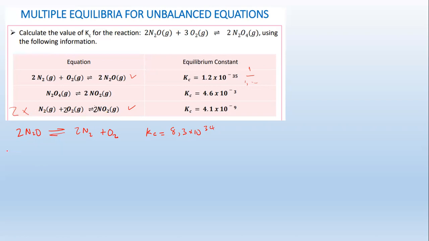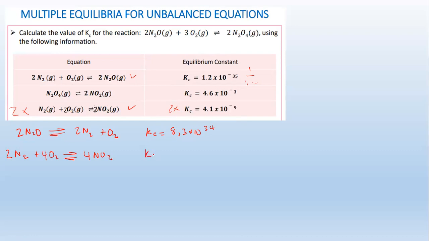So this multiplied by 2 is going to be 2N2 plus 4O2, and therefore my reaction is going to give 4NO2, since 2 multiplied by 2 is 4. The Kc value will also be affected by what you do to the equation.